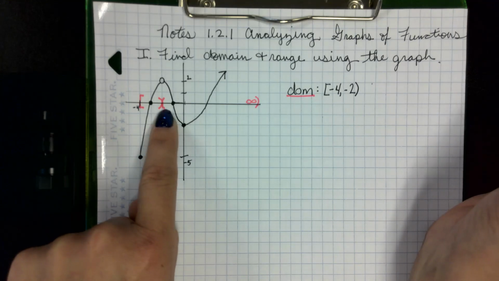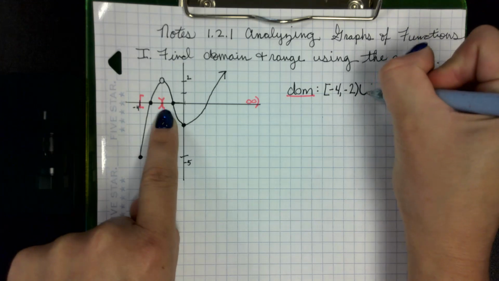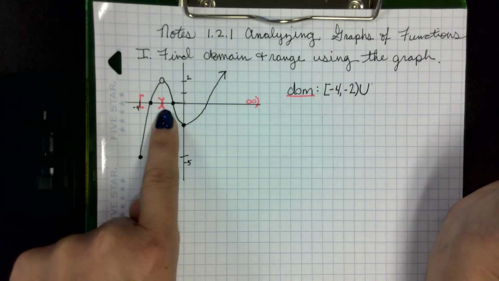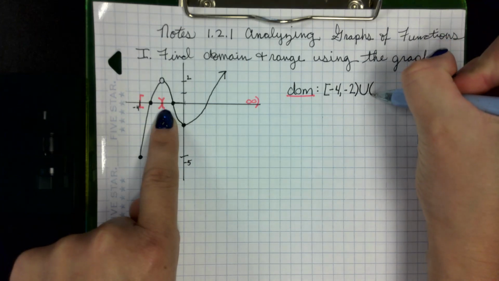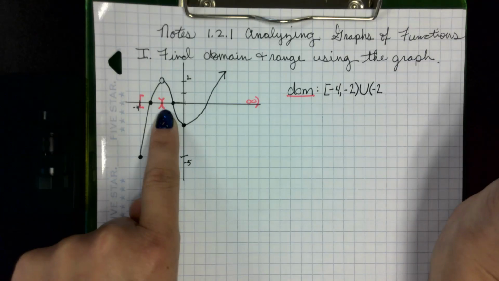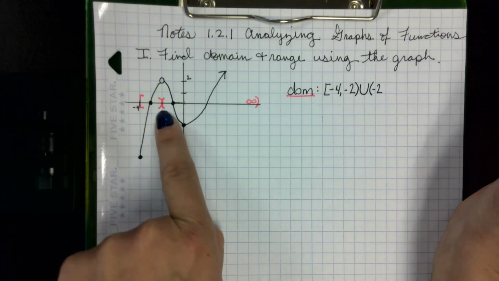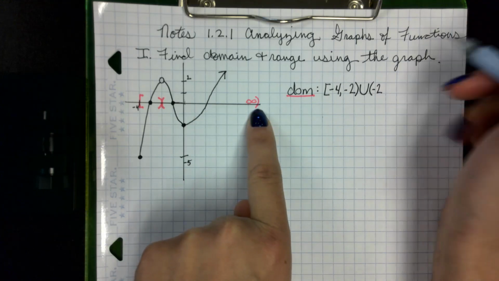And then I need to start a new interval. So I'm going to use this U for union. It's my connector. I'm connecting these two intervals together because it's the same graph. And I'm going to start it again at -2. But -2 is not included. It's just on both sides of it. The next marker where I marked to close that interval was all the way over at positive infinity.